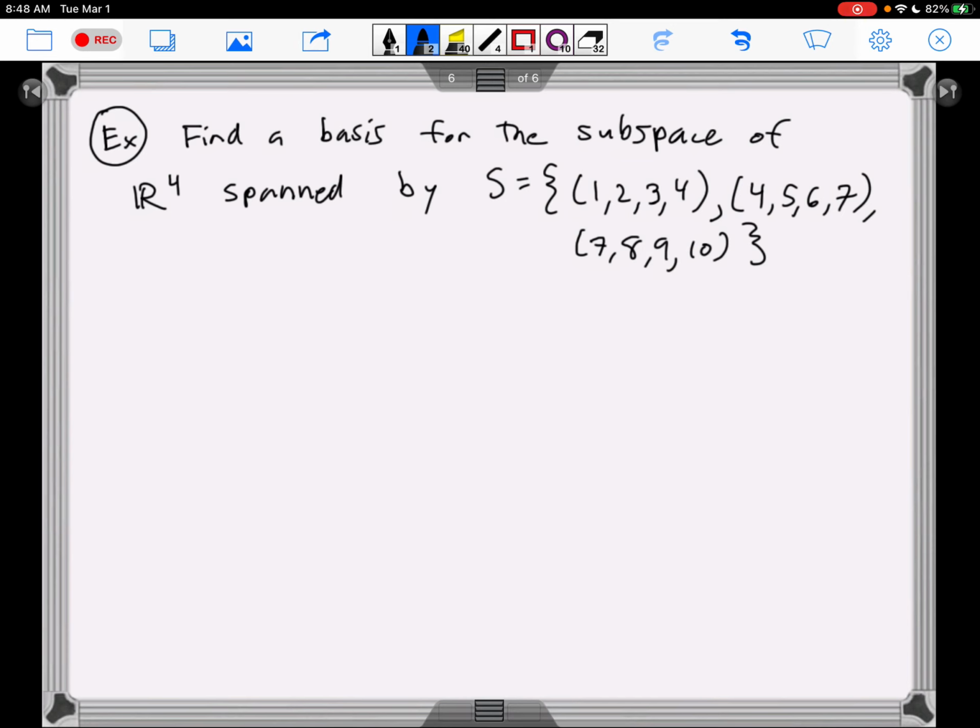So we've got 3 vectors, and we want to find a basis for the subspace spanned by those 3 vectors.